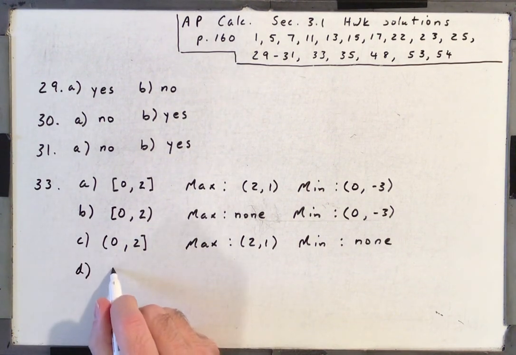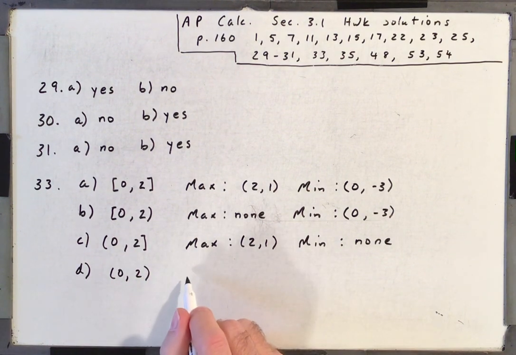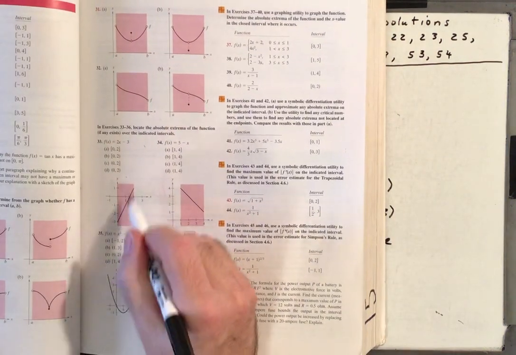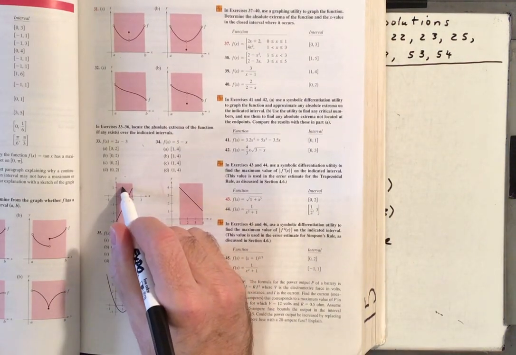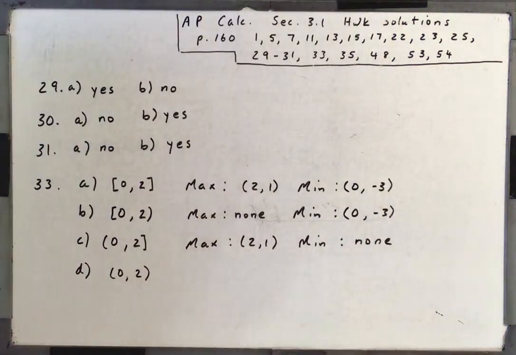And then part D, both endpoints are open, and there's not a point in between, like way up here or way down here. So that means we have no max or min.